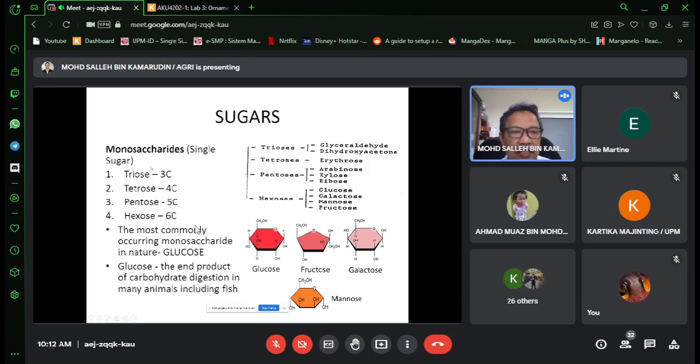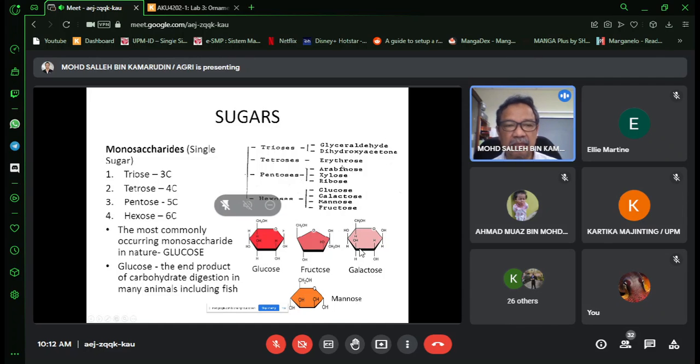The monosaccharide is a single sugar. There are four types: triose, tetrose, pentose, and hexose. Triose contains just 3 carbons, for example glyceraldehyde and dihydroxyacetone.